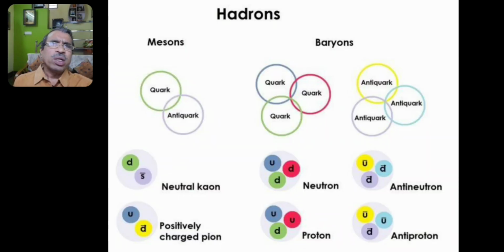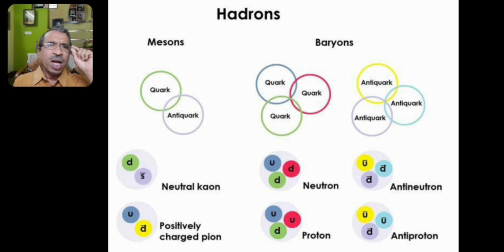Here I have shown the hadrons, mesons. The quark and anti-quark together form the mesons. As I have discussed, like the neutral kaons and positively charged pions. The neutron contains 2 down quarks and 1 up quark, and the proton contains 2 up quarks and 1 down quark.